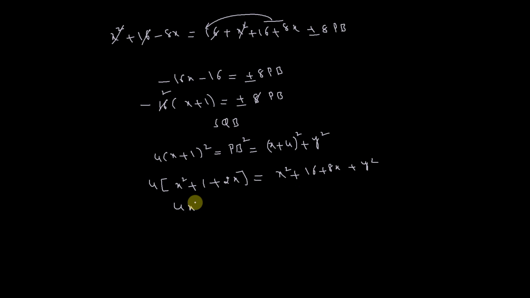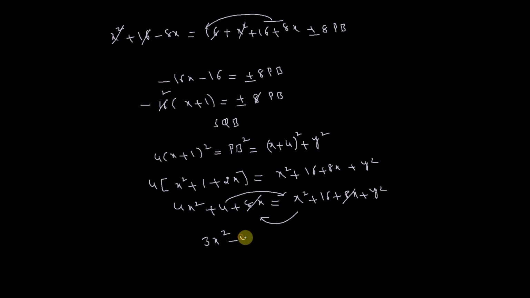Again multiplying 4 within the bracket, 4x square plus 4 plus 8x is equal to, I will get x square plus 16 plus 8x plus y square here. Again I can cancel 8x and 8x here, and bring these terms to this side, and 4 to this side. I will get 3x square minus y square is equal to 12.